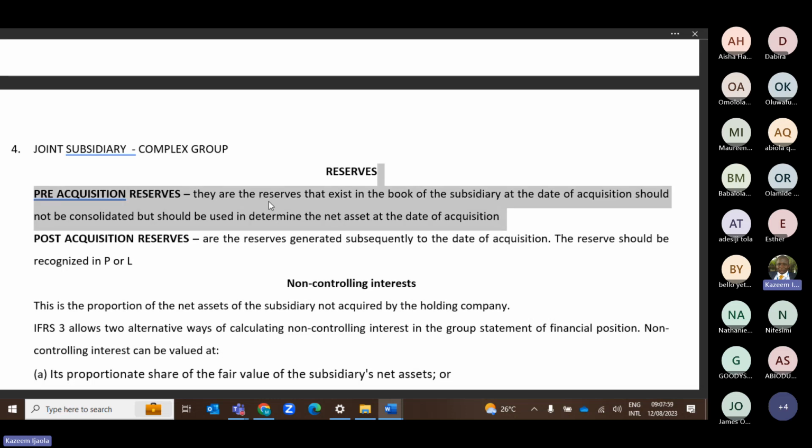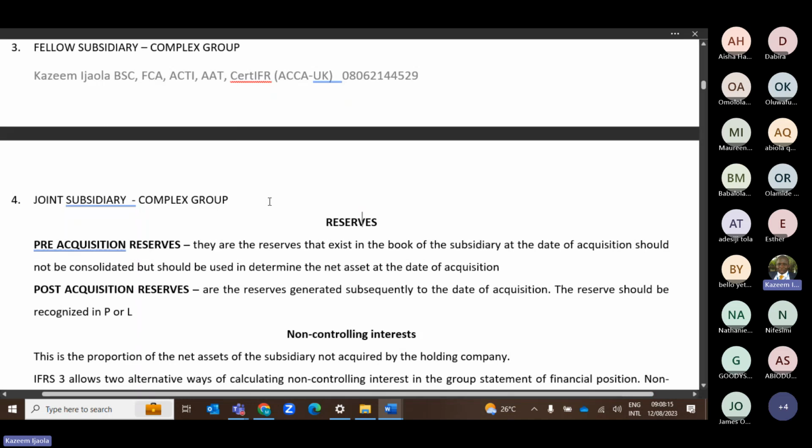That is exactly what pre-acquisition reserve is all about. Then the second one is post-acquisition reserve.